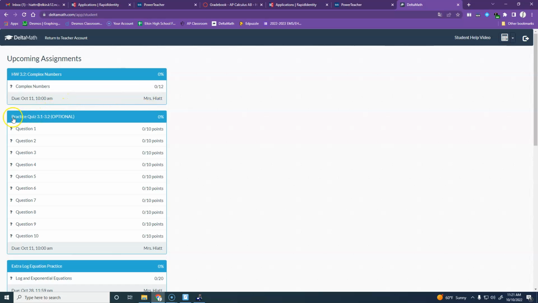Also, tonight, we're going to have a quiz tomorrow. It is going to be on simplifying radicals, which you guys did over the weekend, and on complex numbers. It is going to be in Delta Math, okay? So it'll be problems from Delta Math. So what I did is I just cloned the quiz. This is optional. It is a practice quiz, right?